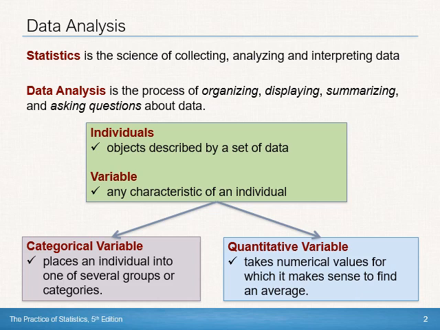You don't do calculations with them. So they tend to be more categorical variables. Generally categorical are going to be things like eye color. Quantitative is going to be something that you can measure, like the height or the weight of a mouse, that kind of thing.